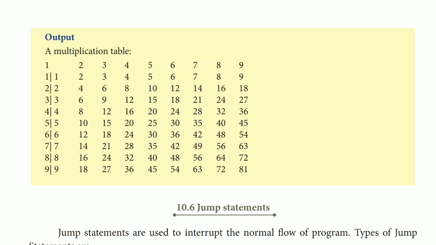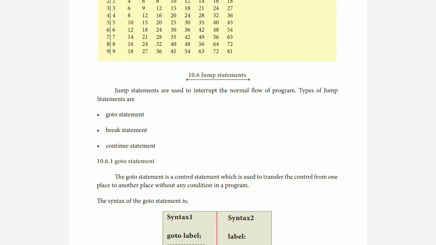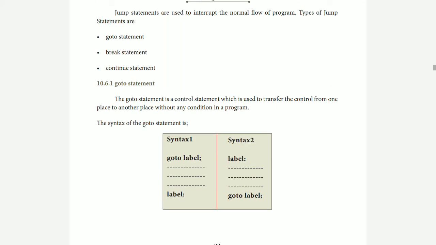So this jumping statement is not included in your syllabus right now. You can see that it consists of the goto statement, break statement, and continue statement. The goto statement will have a label. When the compiler sees the label, it will directly go to that particular statement.